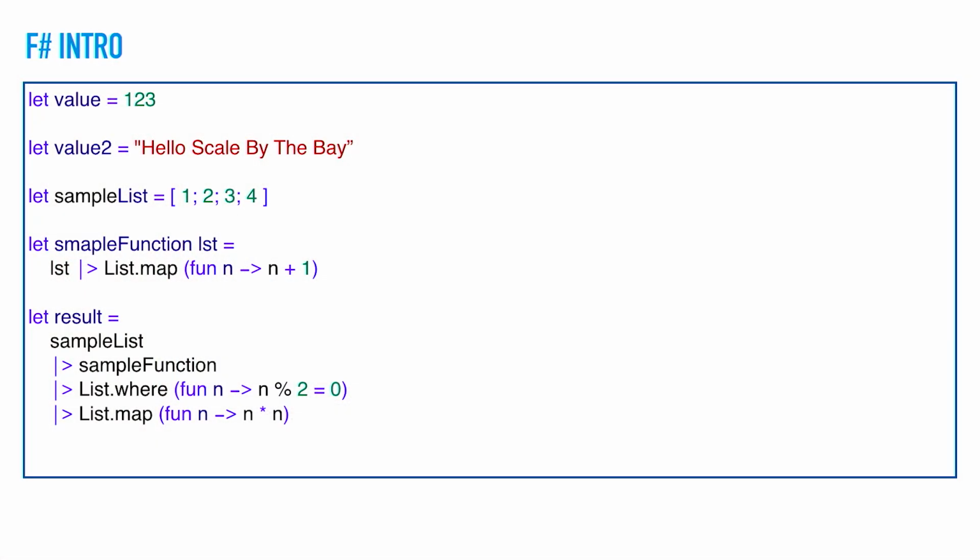The second really well-known thing from F# is the pipe operator. This is basically similar to a Unix pipe: it takes something on the left and puts it as the last argument of the function call on the right. This allows you to write code that's really nicely formatted with these chains of piped operations.